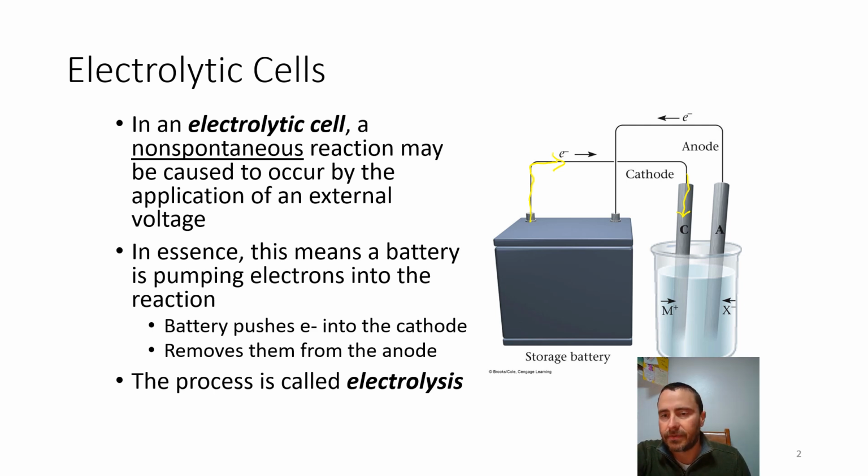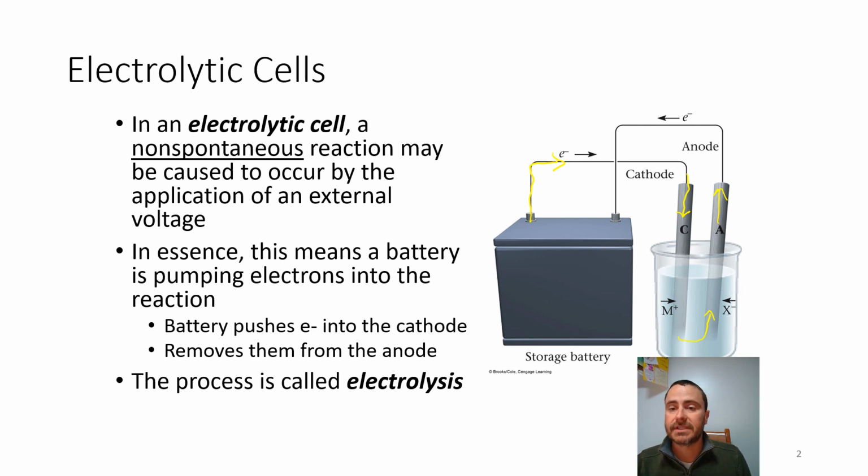Here I've got some sort of a metal. The metal is going to react with those electrons and plate on that cathode. Then the electrons are going to keep transferring over. They're going to come over here to the anode part of our electrolytic cell, where they're going to then leave the anode. They're always traveling anode to cathode.